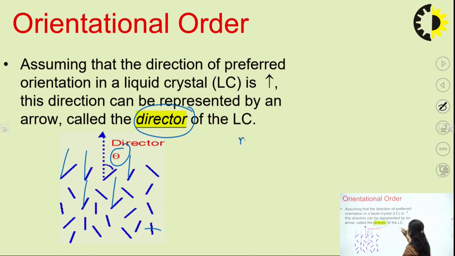That's why this phase is also known as mesophase, where meso means intermediate, and this phase is also known as mesogenic phase. So orientational order is a very important property of liquid crystal.